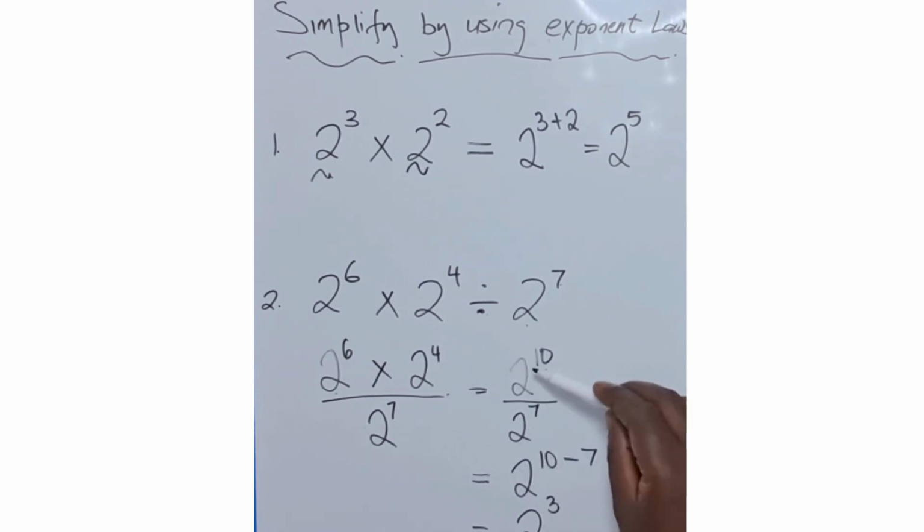Now that we are dividing, one of the laws says if the bases are the same, we subtract the exponents, and the exponents in this case are 10 and 7. So the base is 2, then 10 minus 7. The exponent is 3 now, so it's 2 to the power 3, and 2 to the power 3 is 8.